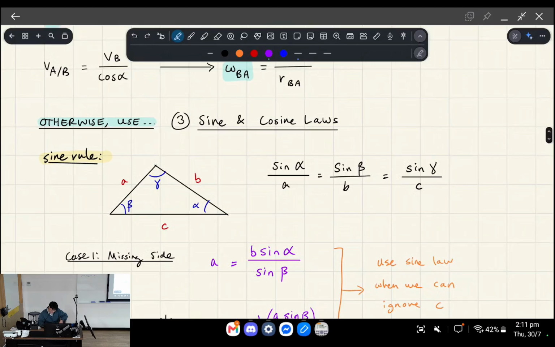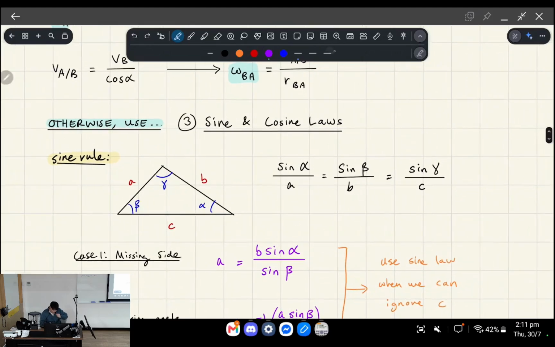The sine rule is basically saying if you have a triangle with these three side lengths a, b, c, and these three angles alpha, beta, gamma, you've got six parameters or variables.